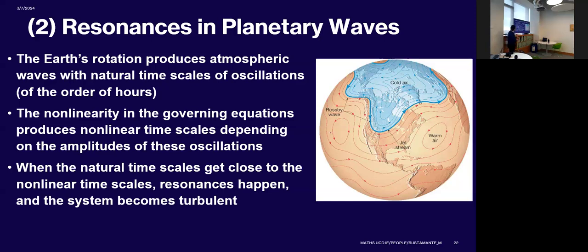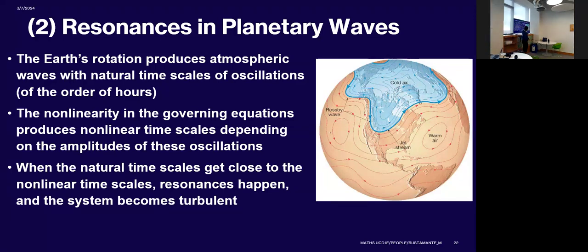The scenario I want to discuss is a scenario where you have competition between two time scales. So in nature, for example, in this case, the Earth rotation is once a day, right? And it produces atmospheric waves with a similar time scale, very close to days, could be hours or so. And these waves actually exist in the atmosphere.